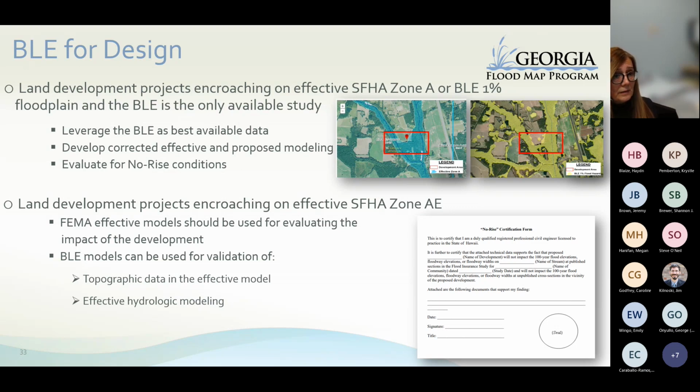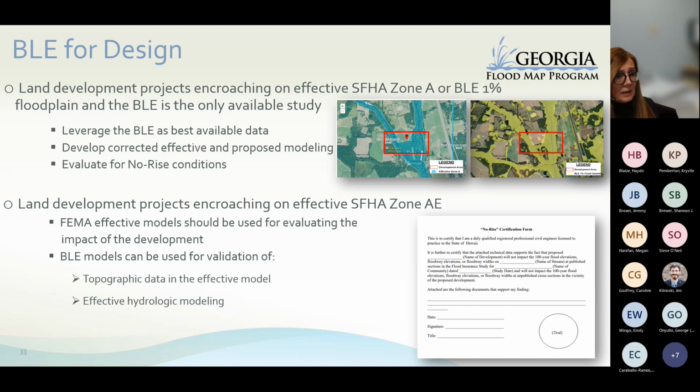So if you open the base level engineering analysis hydraulic modeling, you will see that there is topographic data in these models, and you can use this data to evaluate the cross-sections in your effective zone AE study and see if they're comparing well to the latest available LiDAR topographic data, or if not, if this is something where you want to update the model, or if you want to collect survey data to create your corrected effective condition model for the proposed development.